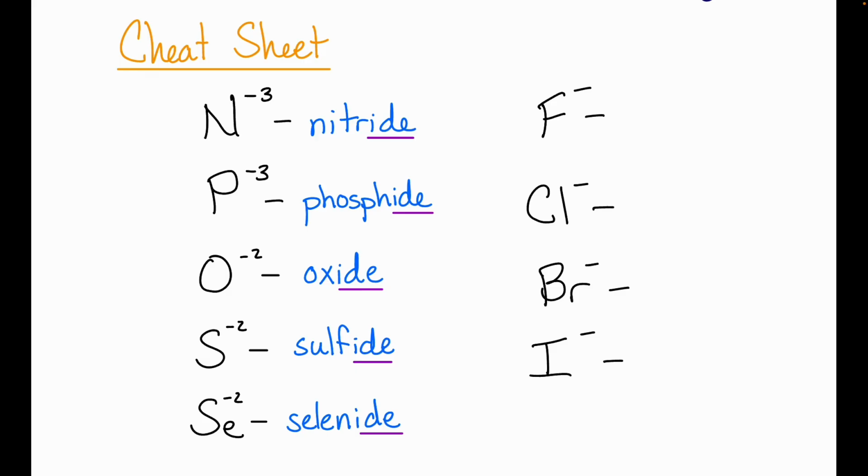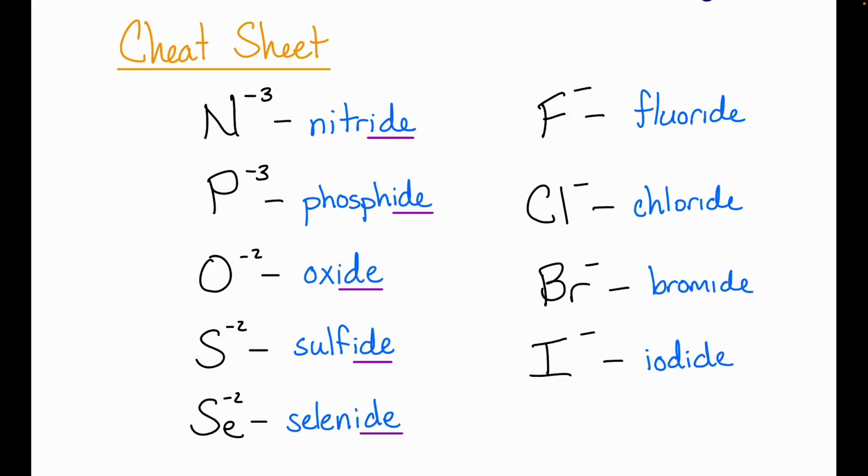So fluorine becomes fluoride, chlorine becomes chloride, bromine becomes bromide, and iodine becomes iodide. Again, all sharing that same IDE ending.